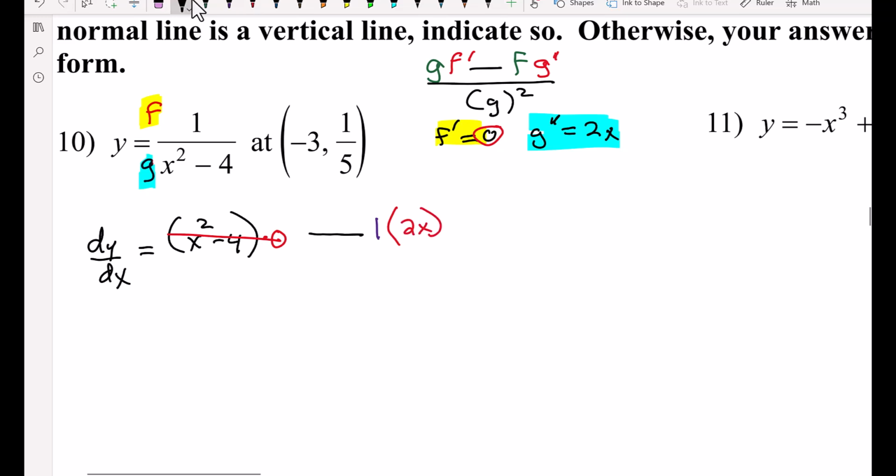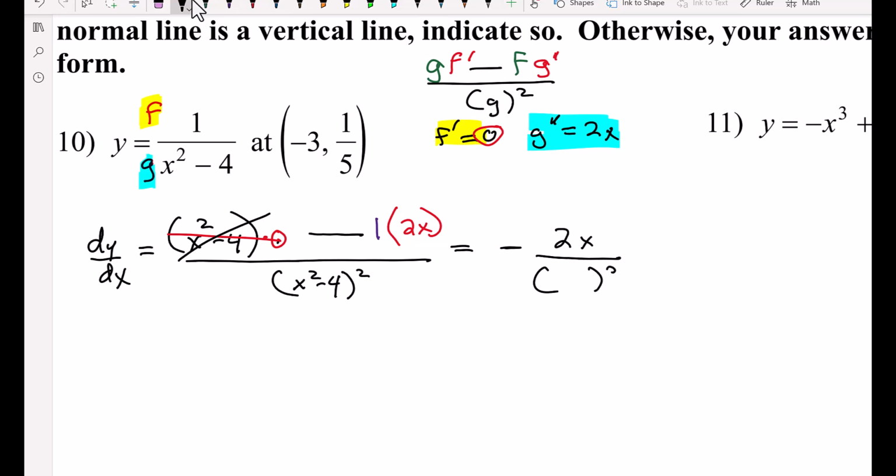And then all of that is over g squared. Then we're going to simplify. Since 0 times the g function is 0, what we have left is negative 2x over x squared minus 4. So this is the derivative function. This stuff right here is dy dx.